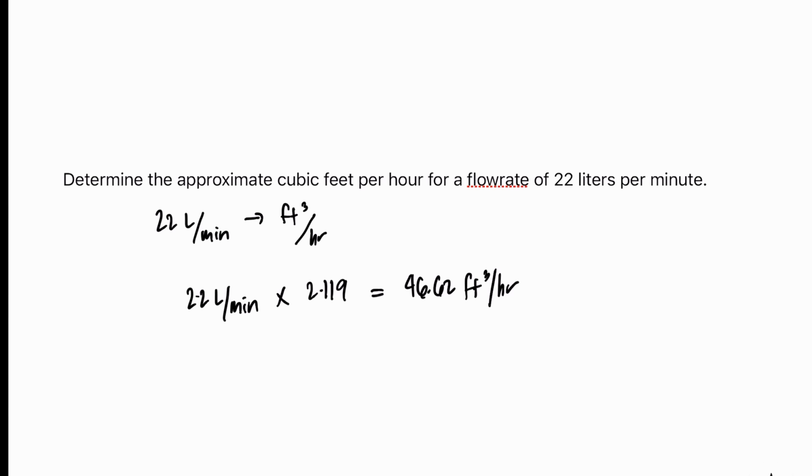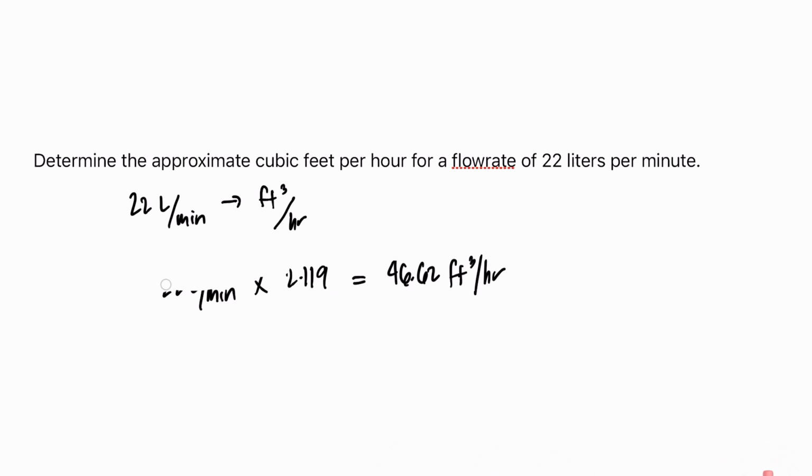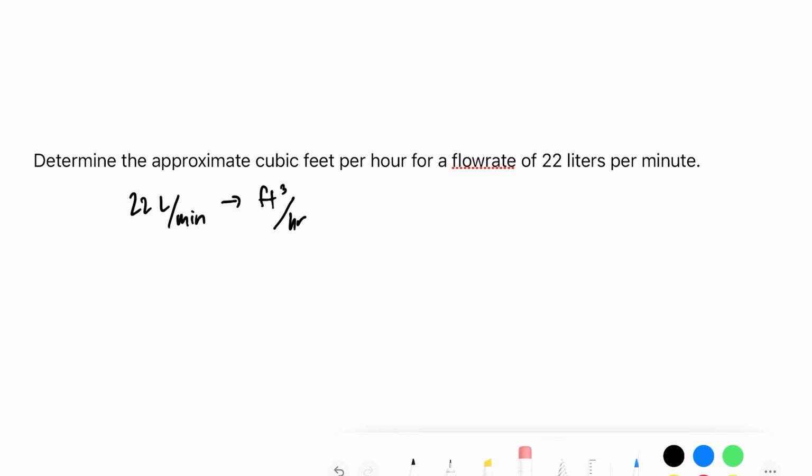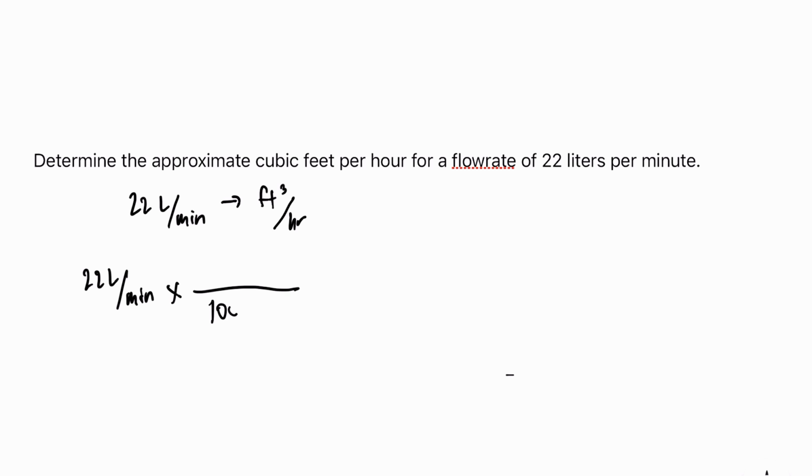So what if you don't want to memorize those charts? You need to find a way to convert liters per minute to cubic feet per hour. So 22 liters per minute. We all know that 1 cubic meter is equivalent to 1,000 liters, and 1 meter is equivalent to 3.28 feet.